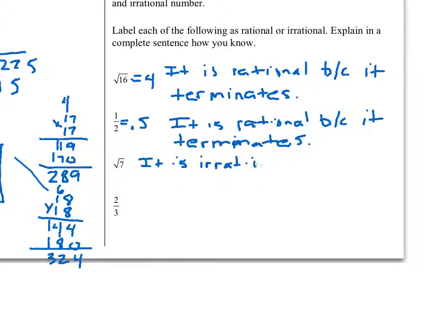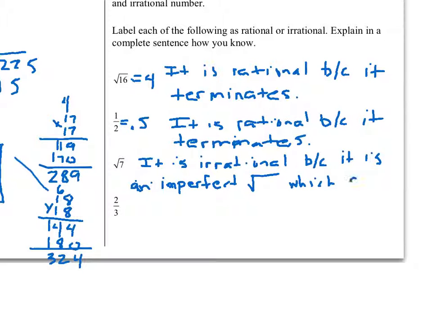Okay, so it's irrational, and I'm going to put together some thoughts here. Because Genesis says it is an imperfect square root, which goes on forever without repeating.